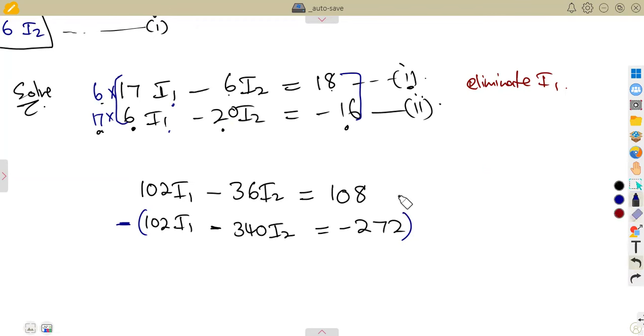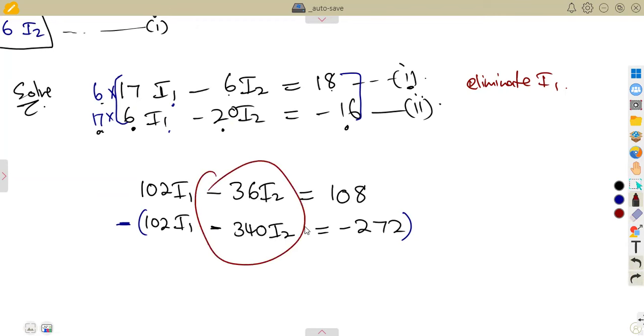Let's say this is equation 3 and this is equation 4. You're going to subtract equation 3 minus equation 4. The way that you present this in your hands is up to you. So 102 minus 102 cancels. The sign that you have is the one that you maintain throughout.